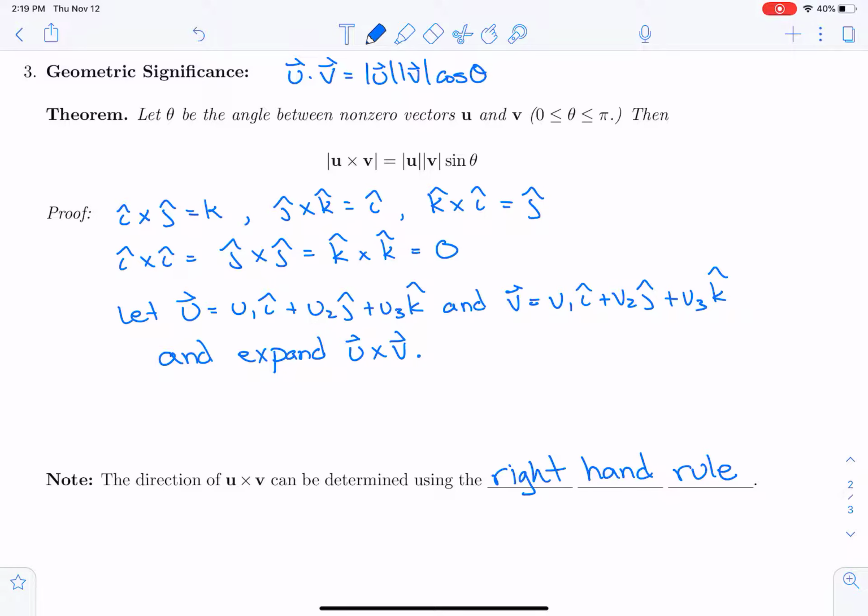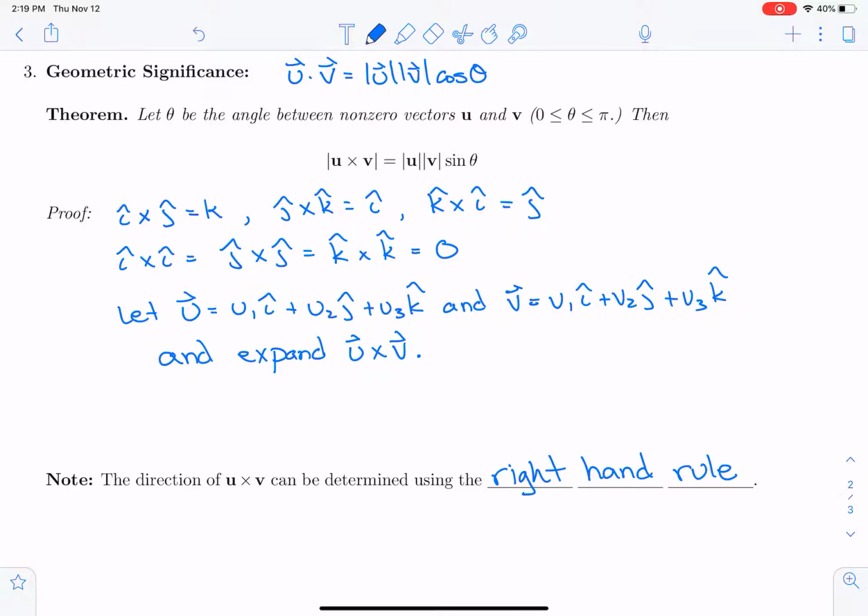That's hard to explain just verbally, so what I'm going to do is link a couple videos that show you how to apply the right-hand rule so that you can see a demonstration of those. So see the linked videos.